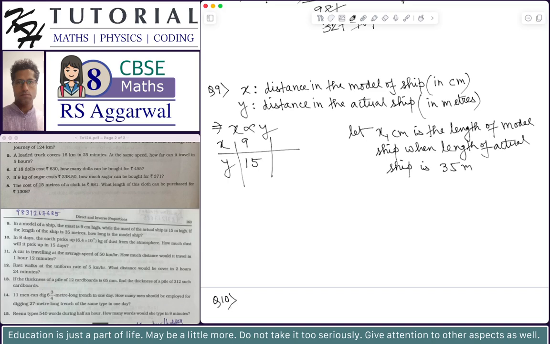So we can add the new data as x1 and 35.